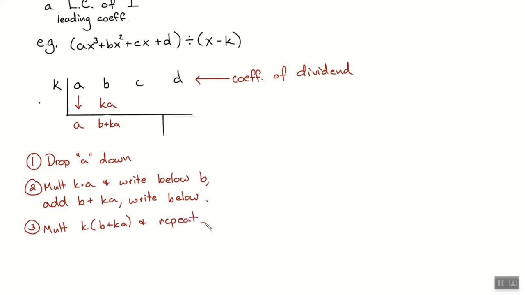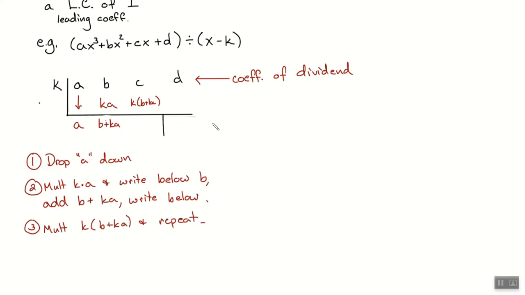I'll wait till everybody's done writing. I'm going to quit doing it, but we would take k times this now, and then if you wanted to, you'd have k times b plus ka, and I'm not going to write it all out because now we would add down again, and then multiply and add down.